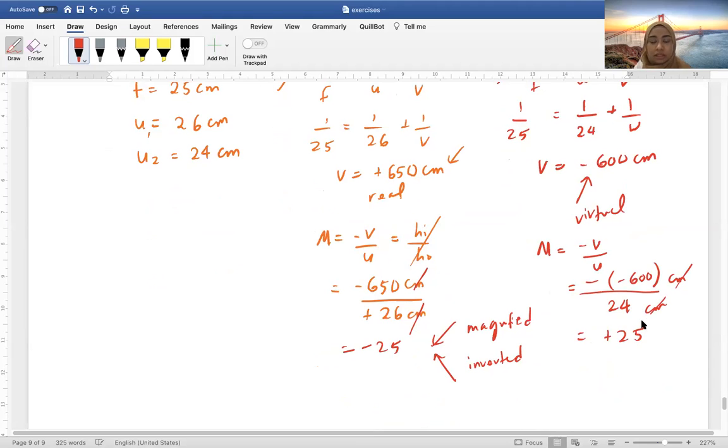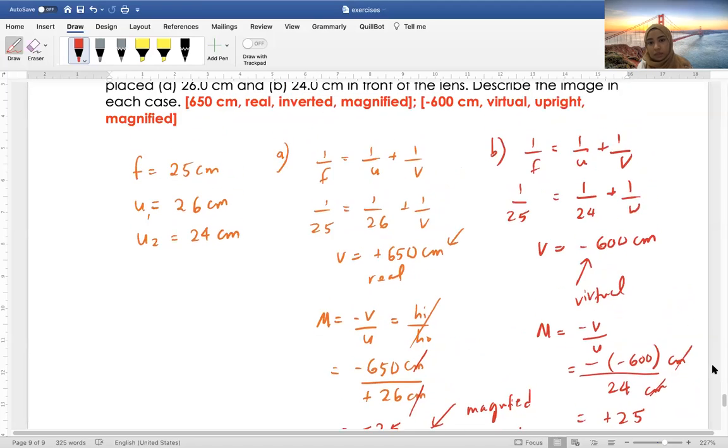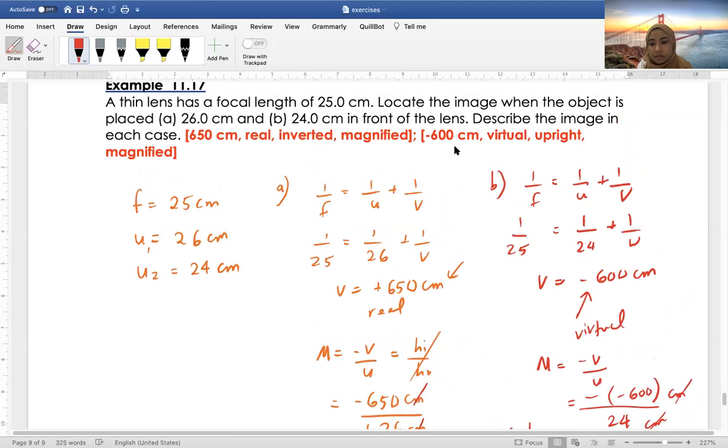So the magnification is 25 times. It is greater by a factor of 25. The image is upright and magnified. So that's how you use the equations. This image is minus 600 centimeter from the lens. It is virtual because it's negative, upright because the magnification is positive, and magnified because it's greater than 1.